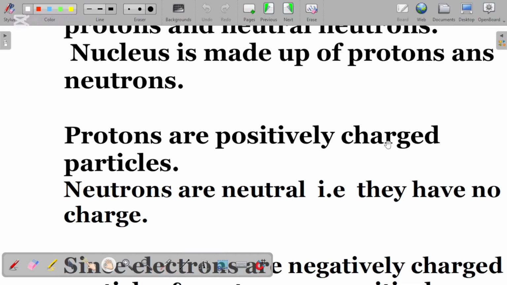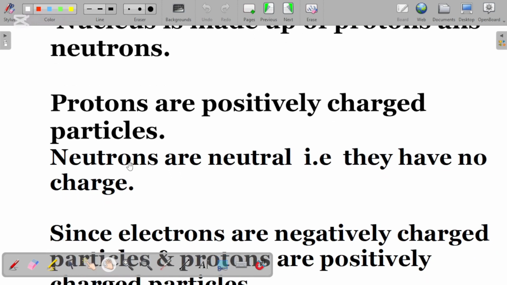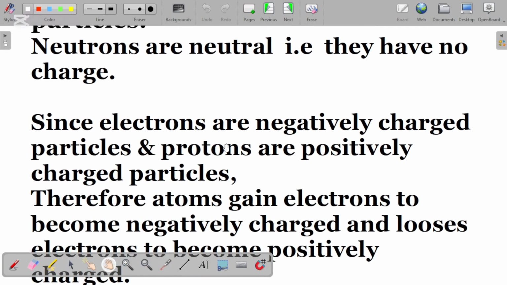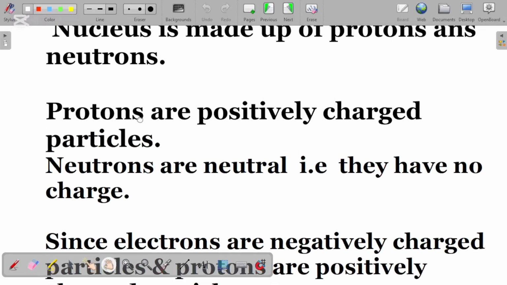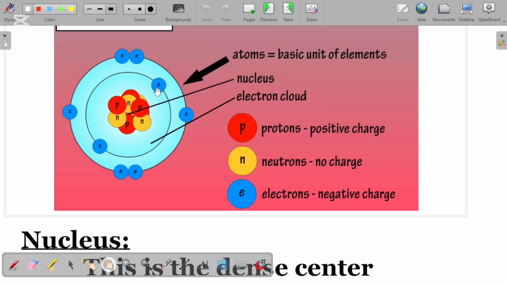All right, so the protons are positively charged particles and neutrons are neutral. That means they have no charge. Since electrons are negatively charged particles and protons are positively charged particles, atoms gain electrons to become negatively charged and lose electrons to become positively charged. The blue shaded circles are electrons and they are negatively charged.